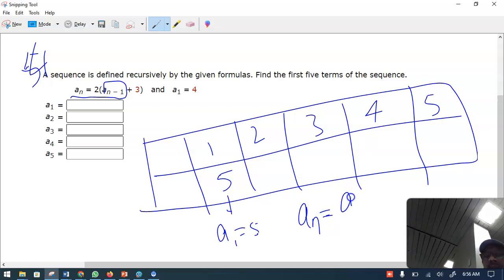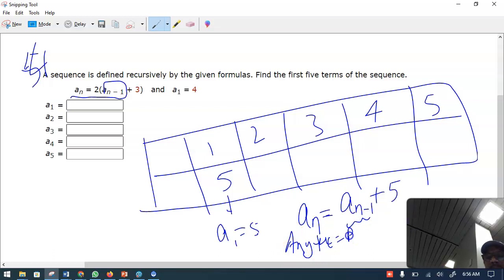So it is a_(n-1) plus 5. So it means any term is the previous term plus the first term, whichever that is, 5.